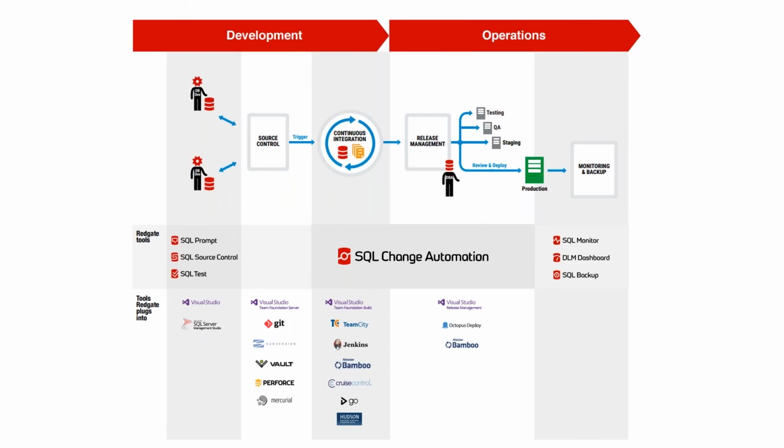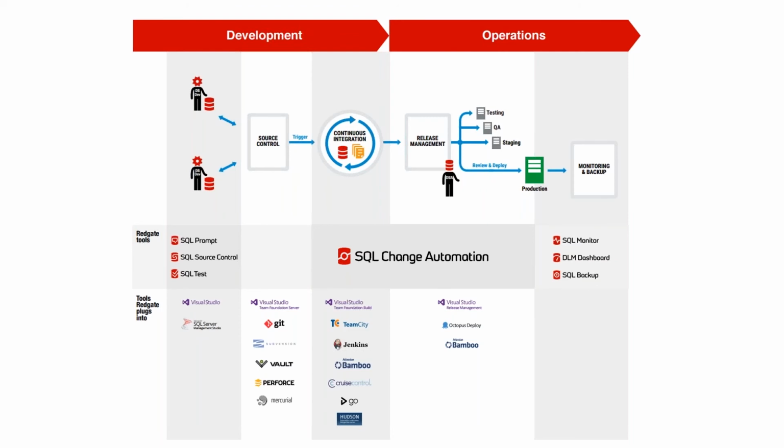And of course, on the development side, we have some tools for your developers so that they can write code faster and test code sooner, in addition to just getting that code into your version control system. Our SQL Prompt tool that I'm sure many of you are familiar with, we'll see a little bit of it today, helps you write better code faster.